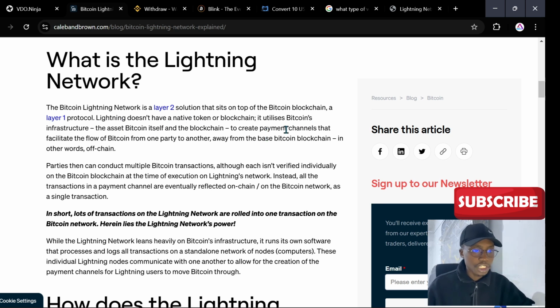It utilizes Bitcoin's infrastructure, that is Bitcoin itself and the blockchain, to create payment channels that facilitate the flow of Bitcoin from one party to another, away from the base Bitcoin blockchain, in other words, off-chain.